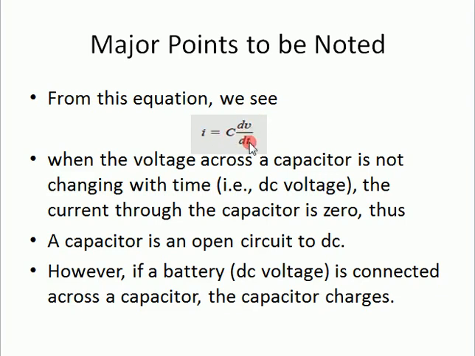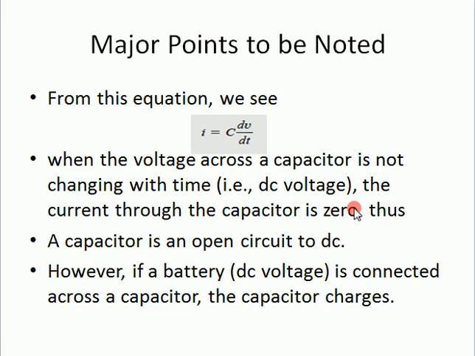Whenever the derivative of anything is not changing, the value on this side is equal to 0. That's why when the voltage across a capacitor is not changing with time, that is the DC voltage, the current through a capacitor is 0. So a capacitor is an open circuit to DC.